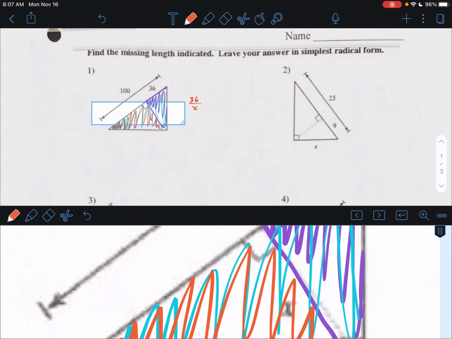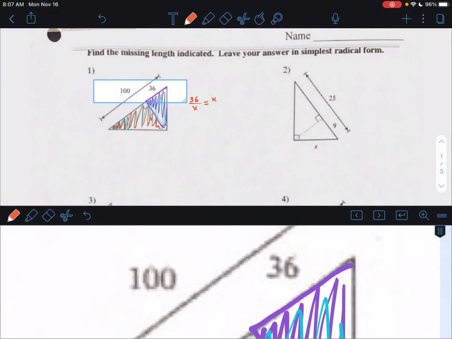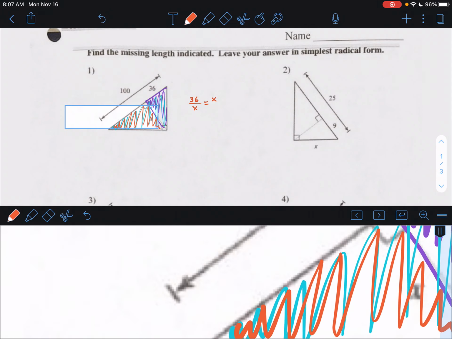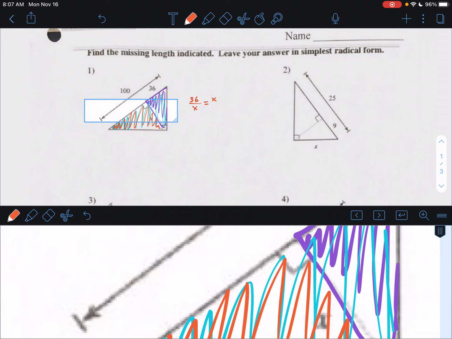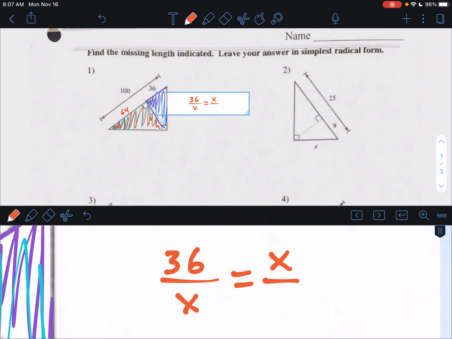And here we have the short leg is x, and if this entire side is 100, and this part is 36, then this part is 100 minus 36. So 100 minus 36 is going to give me 64. So our long leg of the medium triangle is 64.